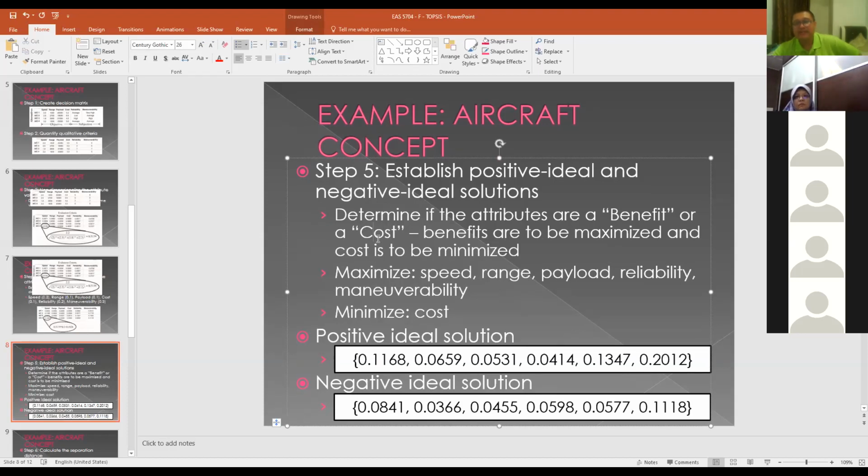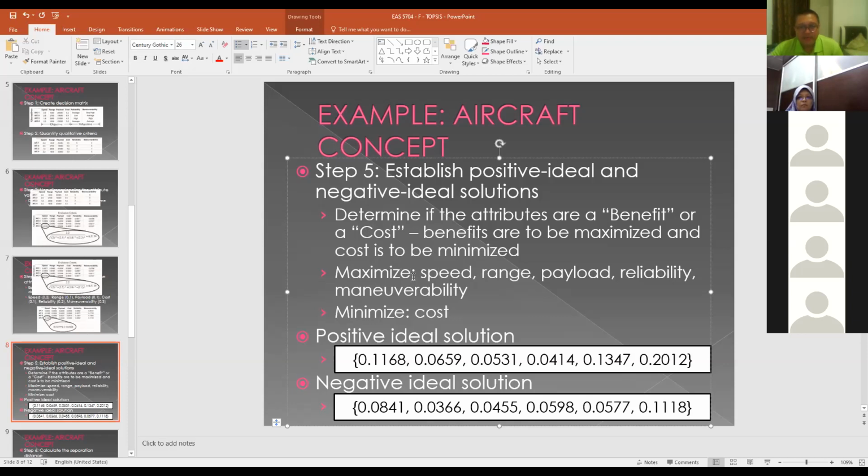We want to design something that is compact, right? So if the design is bigger, then we should minimize it. Same goes if the design is heavy, we want to reduce the weight, then weight is the thing that we are going to minimize. So it depends on case by case.